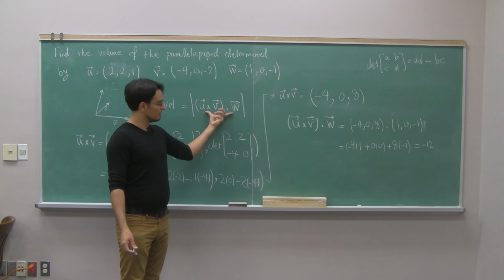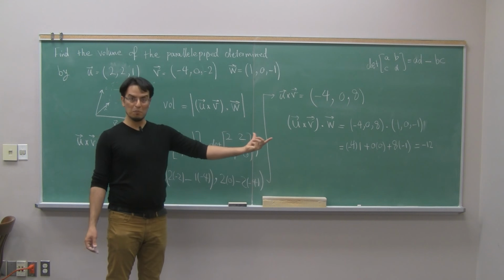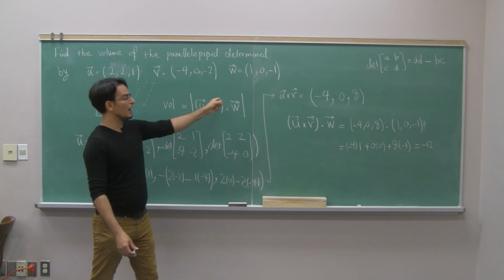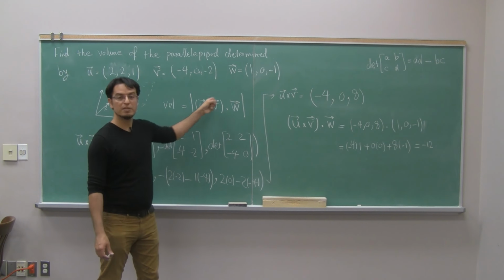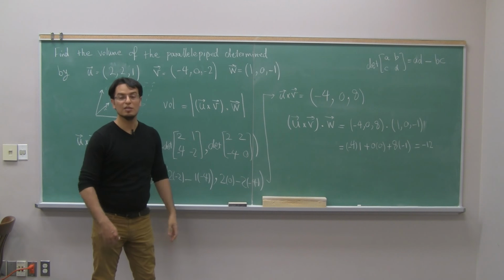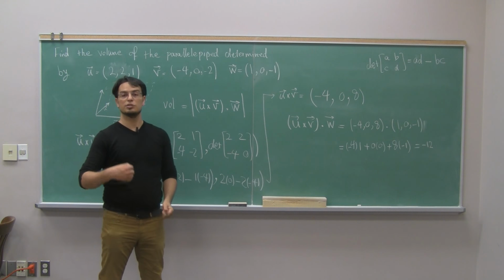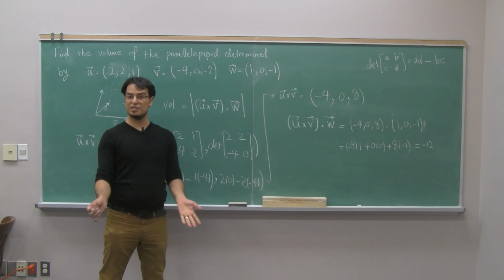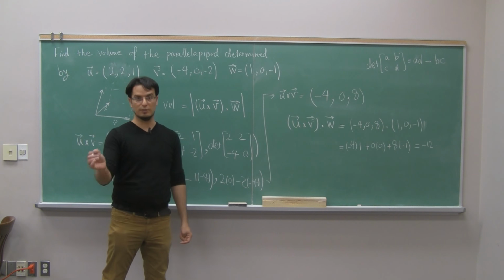I did this, I did that, then I got a number. I have to find its absolute value, meaning that if it is a negative number, drop the negative sign. If it is a positive number, leave it alone.